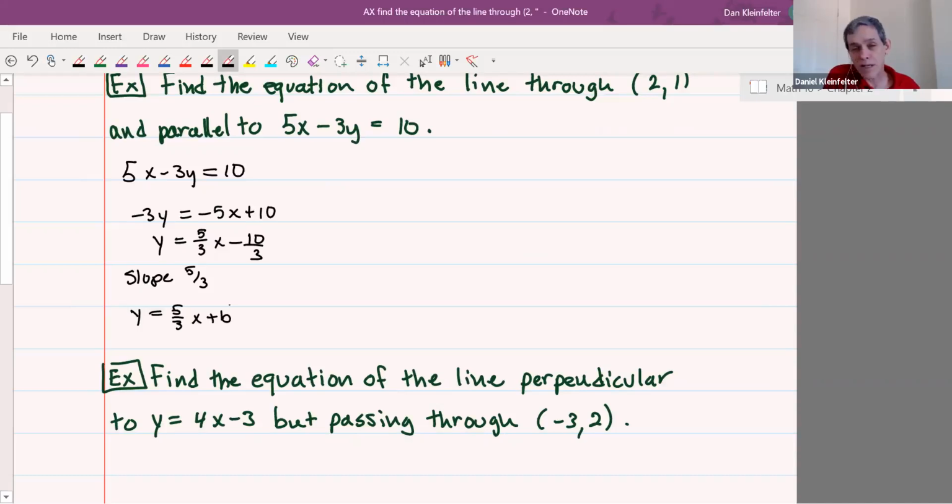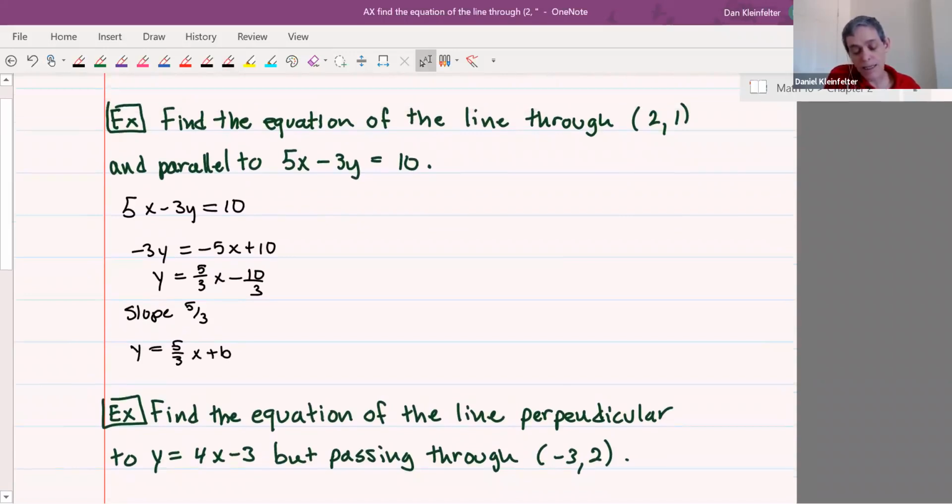Where now, of course, we need to know what the b is, and we'll get that by plugging in our point (2, 1) into the equation. So when y is 1 and x is 2, we'll use that to solve for b.